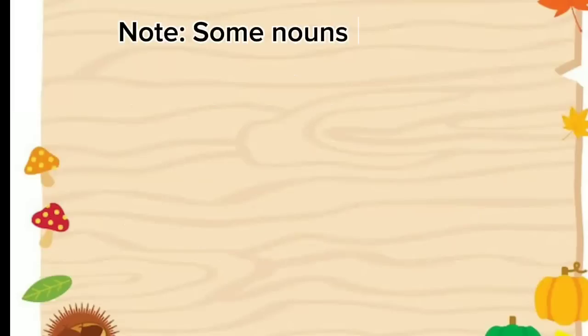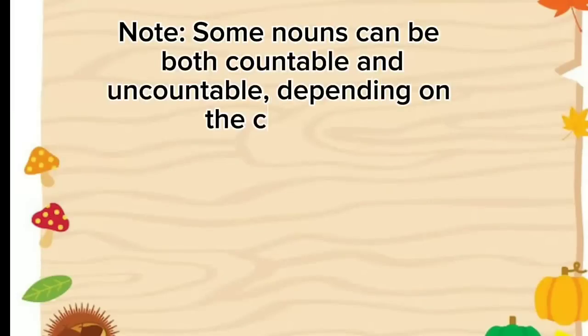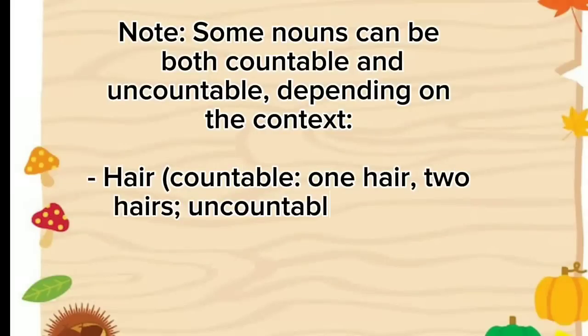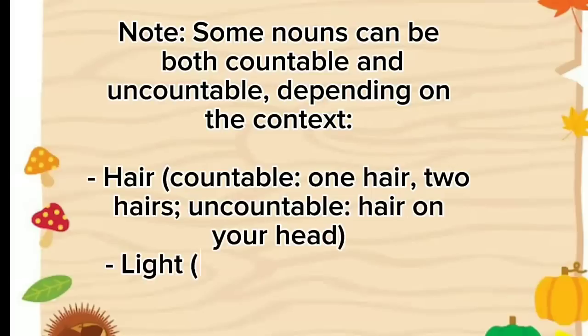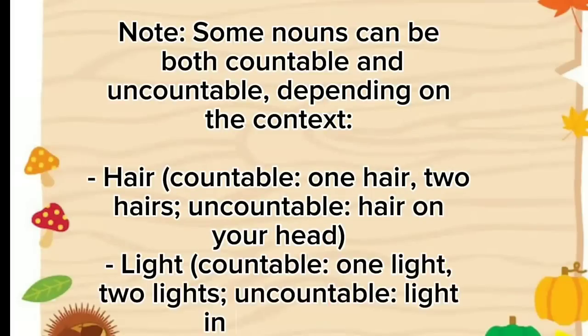Note: some nouns can be both countable and uncountable, depending on the context. Hair: countable, one hair, two hairs; uncountable, hair on your head. Light: countable, one light, two lights; uncountable, light in the room.